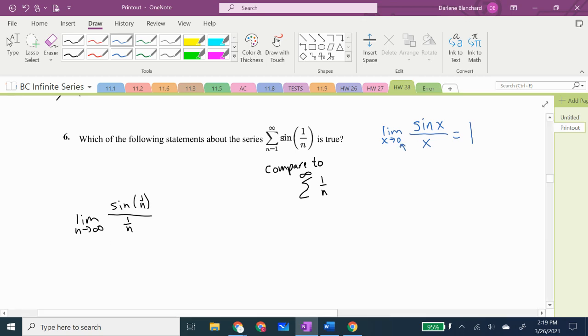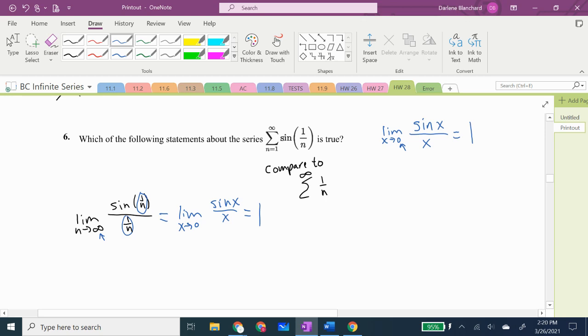But we've got a 0 versus an infinity, but do you see the flip-flop situation? Well, when n approaches infinity, 1 over n approaches 0. So this is actually equal to the limit as x approaches 0 of sine x over x, which I happen to know is 1.